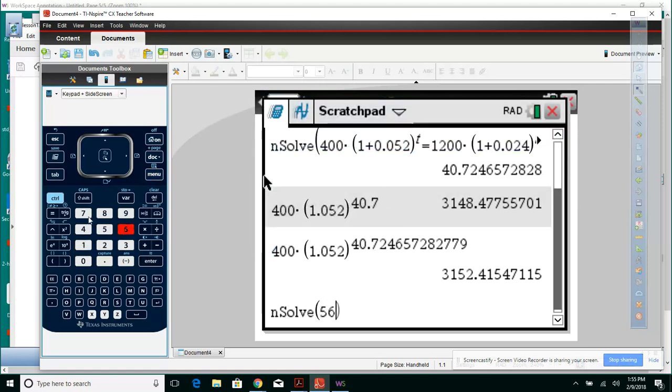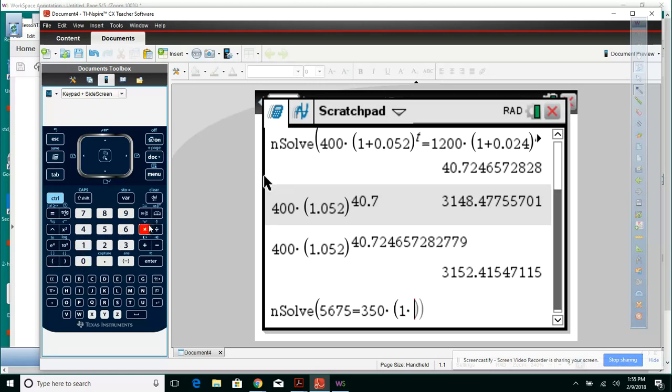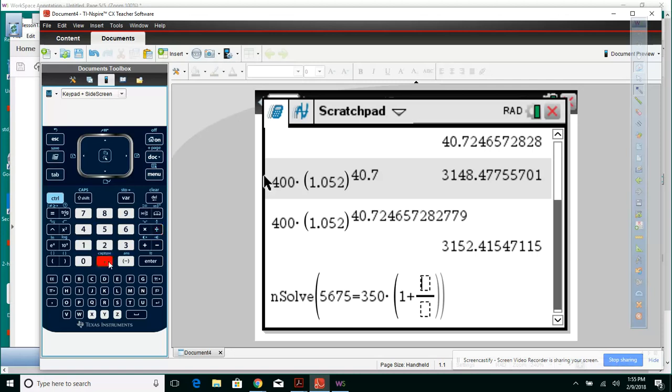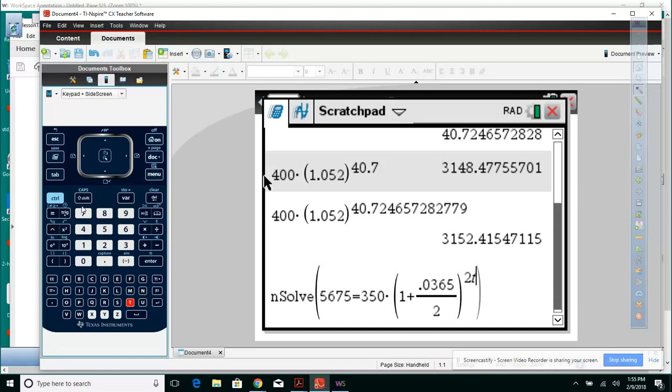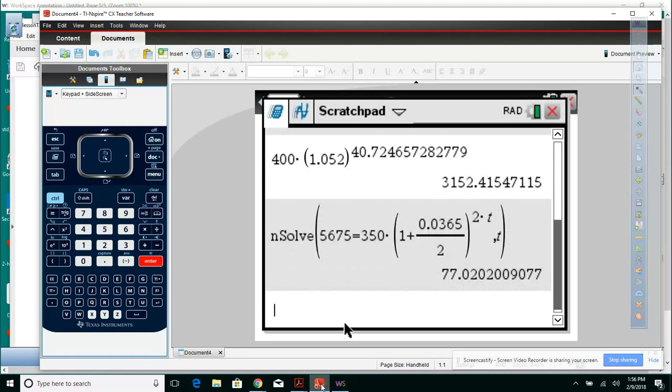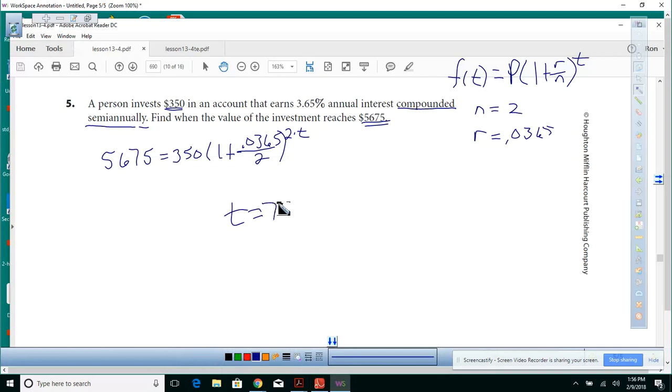So 5675 equals 350 times, open parentheses, 1 plus 0.0365 over 2, close parentheses, caret 2t, comma t, press enter, and I got 77 years. So t equals 77. It'll take 77 years.